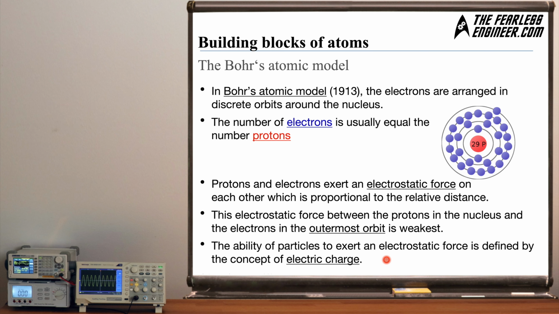So the major takeaways from this video are that you need to understand that atoms consist of three major particle types, two of which are important to electronics, protons and neutrons. Between these particles there exists an electrostatic force.